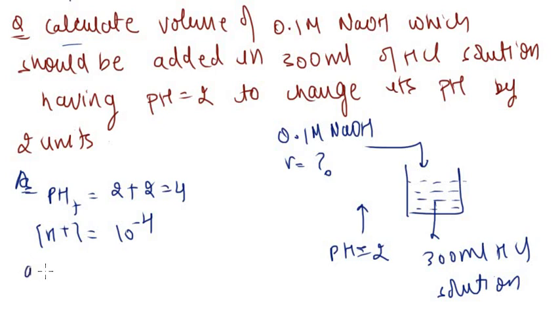Now let's talk about what A is. Let's say V is the volume we are adding. A we use for acid and B we use for base.